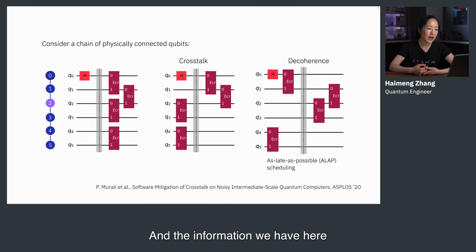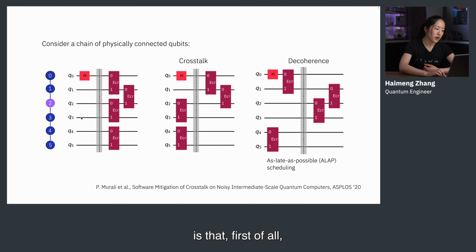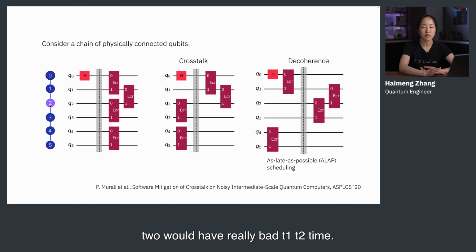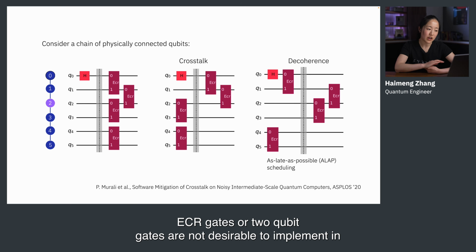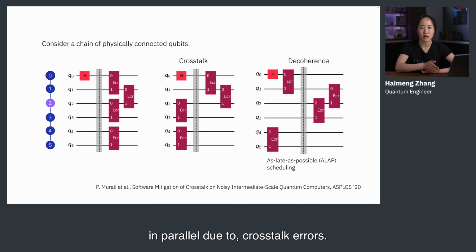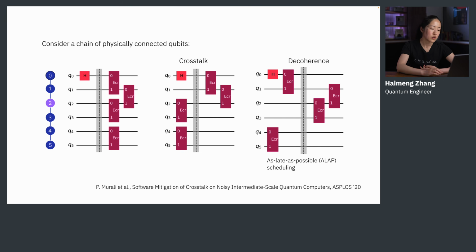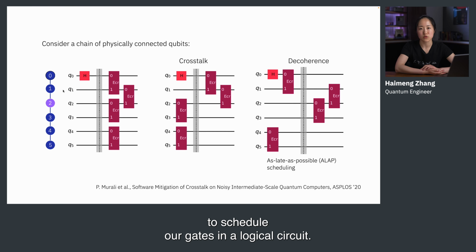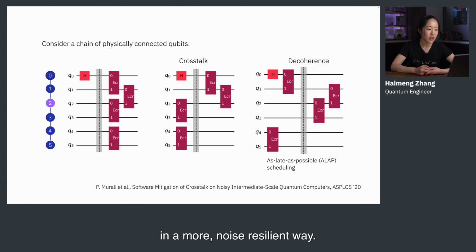The information we have here is, first of all, suppose we know one of the qubits, qubit 2, would have really bad T1, T2 time, hence very low coherence time. And we also know ECR gates or 2-qubit gates are not desirable to implement in parallel due to crosstalk errors. So that information can inform us to schedule our gates in a logical circuit in a more noise-resilient way.